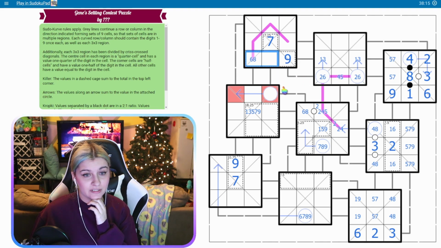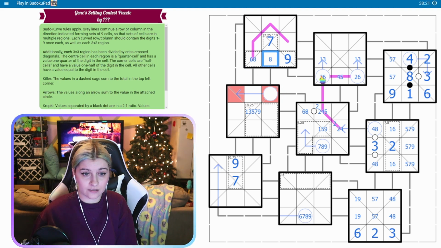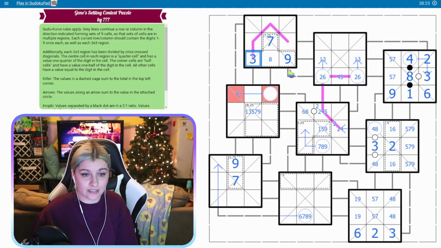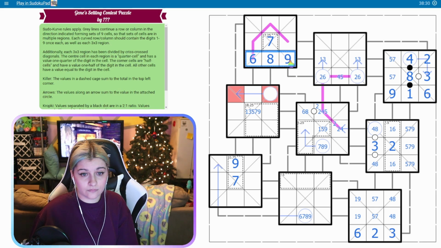So these two need to sum to 11. If this is a 3, this would be an 8. If this is a 4, this would be another 7, and that can't happen. So this needs to be a 6, and this needs to be an 8. 6, 8, 9. That's fine.